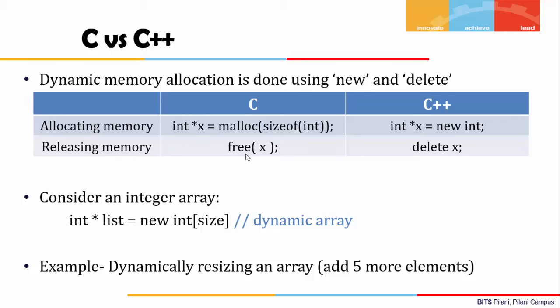So, let's allocate memory to an integer array dynamically. This is the example. The array is initialized like this using the keyword new. Now, suppose you have this array and you want to make it bigger.